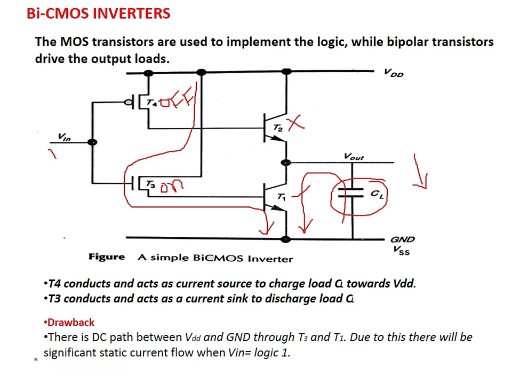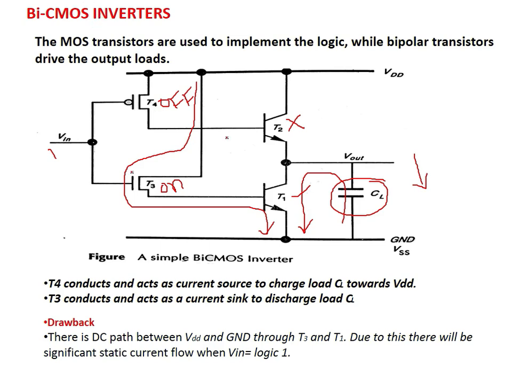So what is the drawback, and why are we combining bipolar and CMOS technologies? Mostly, CMOS transistors have high density compared to bipolar junction transistors, and bipolar junction transistors have high speed compared to CMOS.